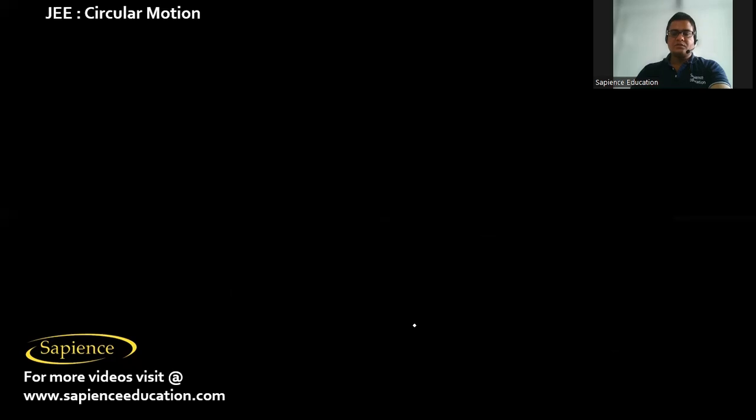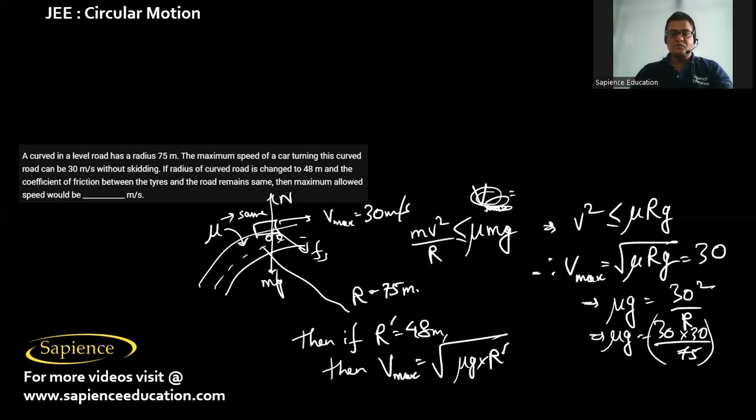You can call it r dash, mu g into r dash. So mu g value is 900 by 75, into 48.